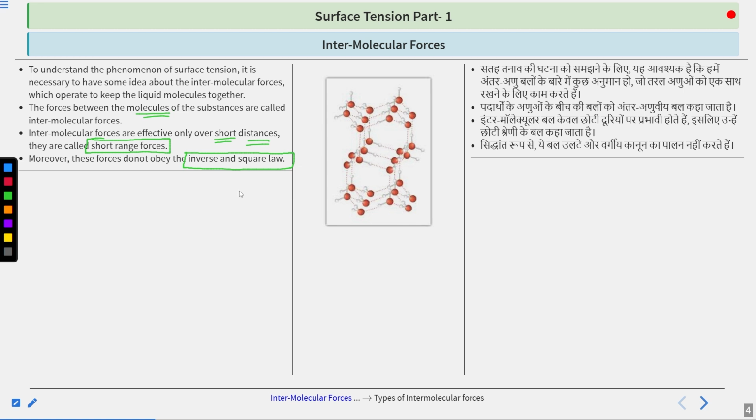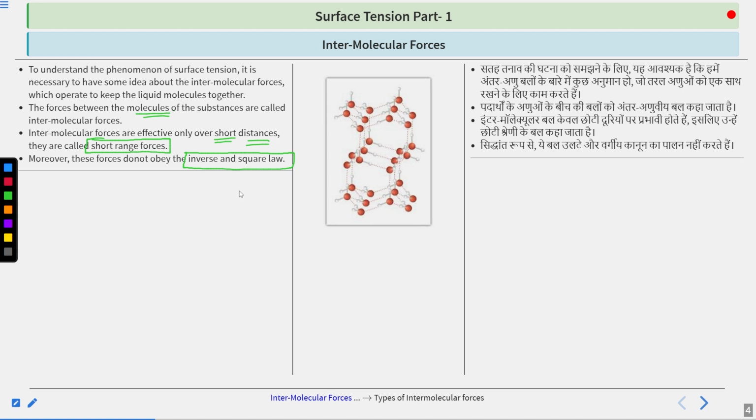So what do you mean by this? The inverse square law is a law of physics which states that if the intensity of a physical quantity depends upon the source and the distance from it, then it is following the inverse square law.